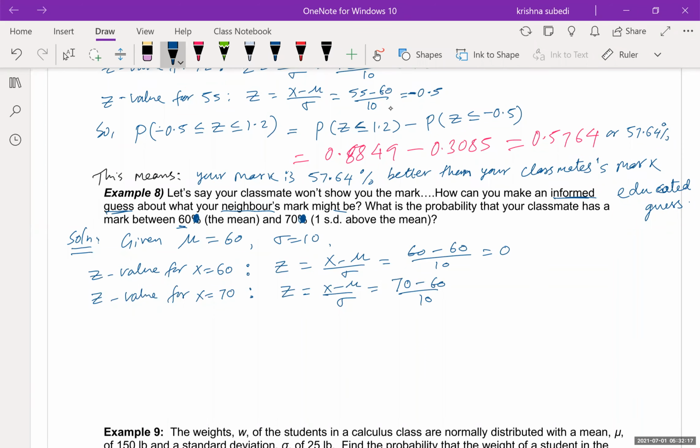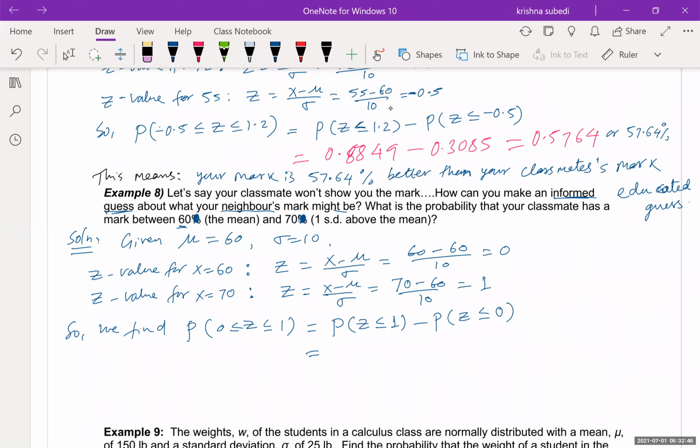So all we need to find here is the probability that lies between 0 and 1, which means the probability for 1 minus the probability for 0, and I don't know how much that is.